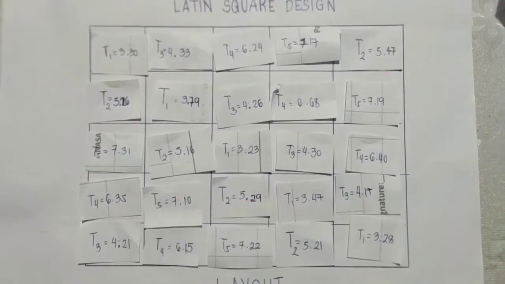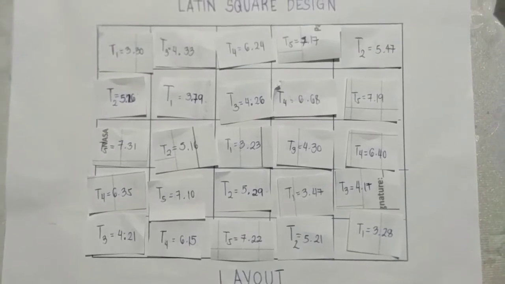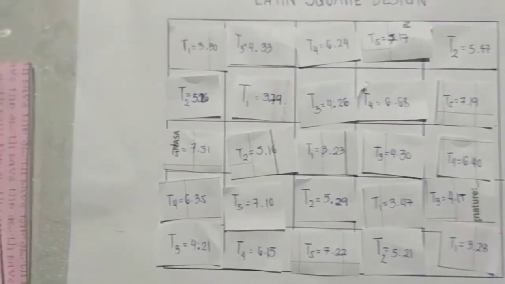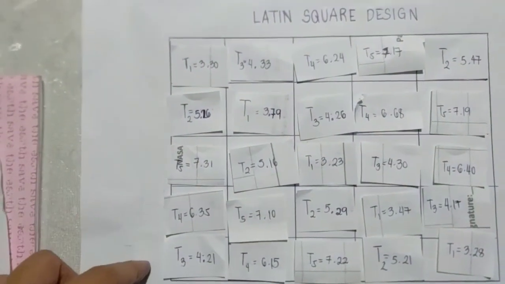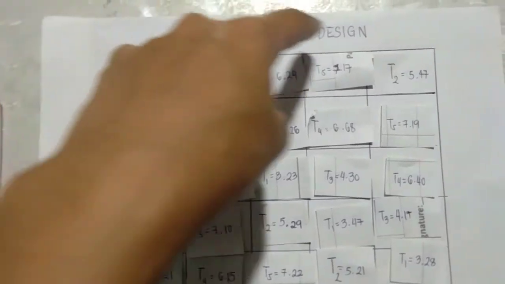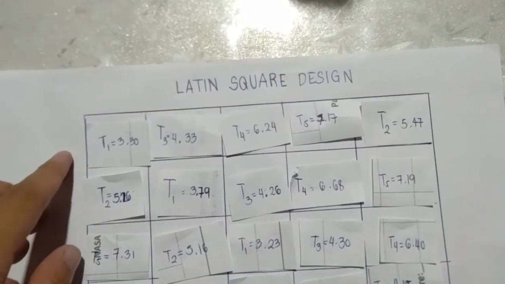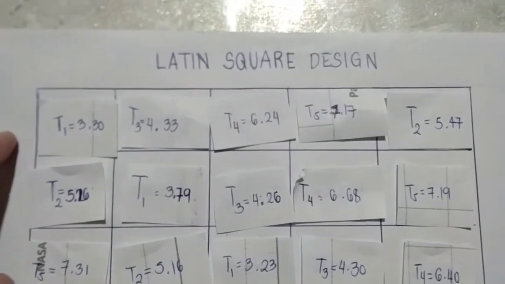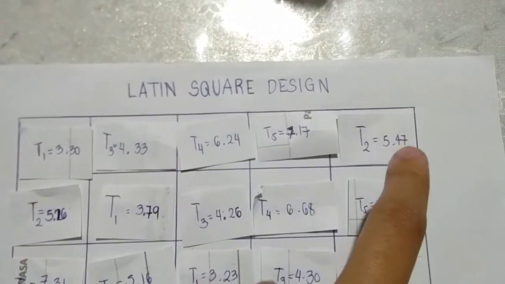This is our Latin square design layout for our sample treatments. And as you observe, there are 5 different treatments in one column and 5 different treatments in rows. So there are different treatments, which are treatment 1, treatment 3, treatment 4, treatment 5, and treatment 2.